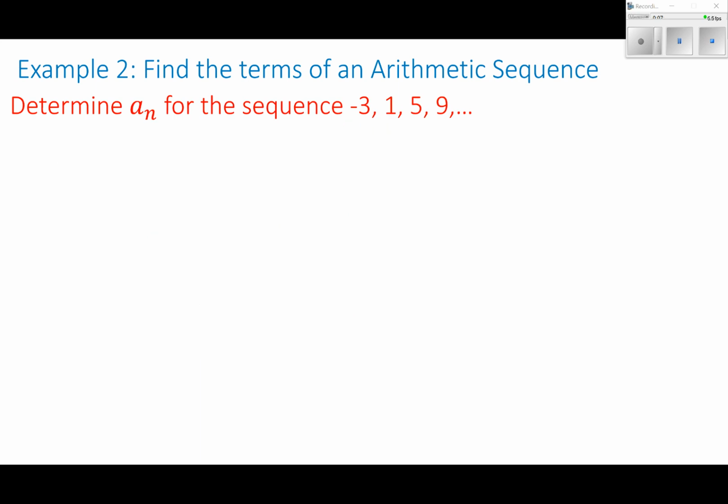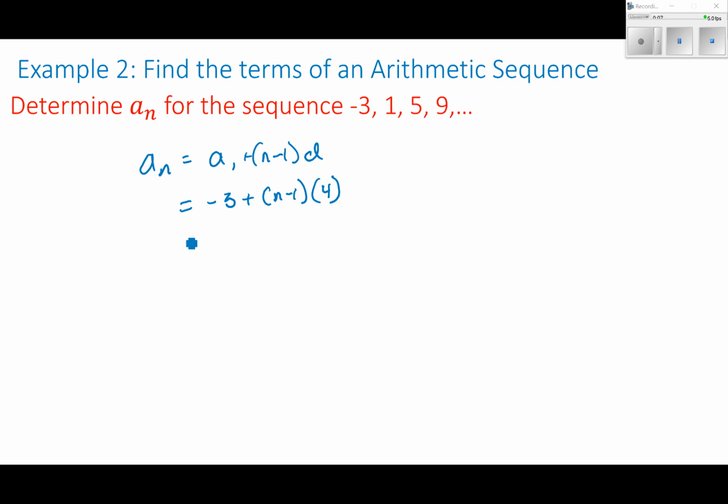If I wanted to come up with my formula in general for the same sequence to determine any a sub n, well, I know a sub n, based on my formula, is a sub 1 plus n minus 1 times d. And I know my a sub 1 is -3 plus n minus 1. I know my d is 4.